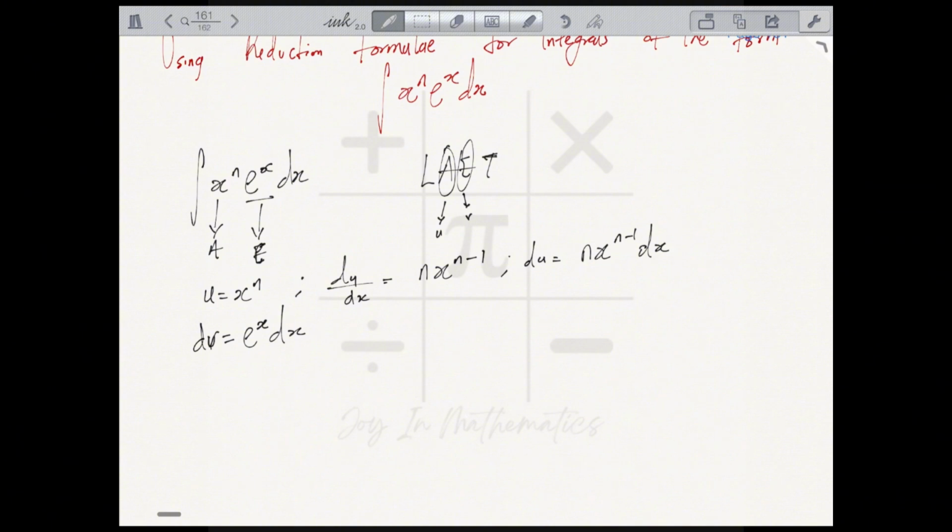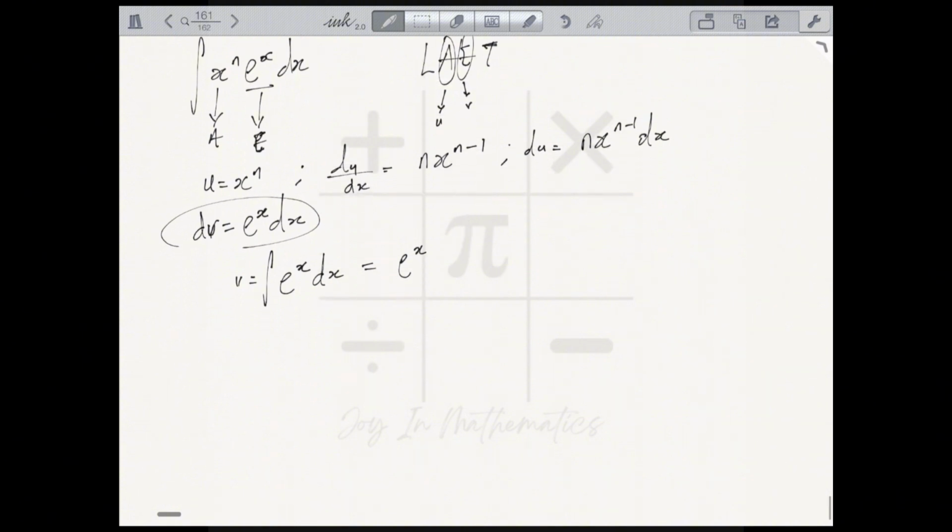Now in the case of dv, which is equal to exponential x dx, our v will be equal to the integral of exponential x with respect to x, and integrating exponential x, we will have exponential x. Therefore, let's apply the integration by parts formula that says integral of u dv is equal to uv minus integral of v du.